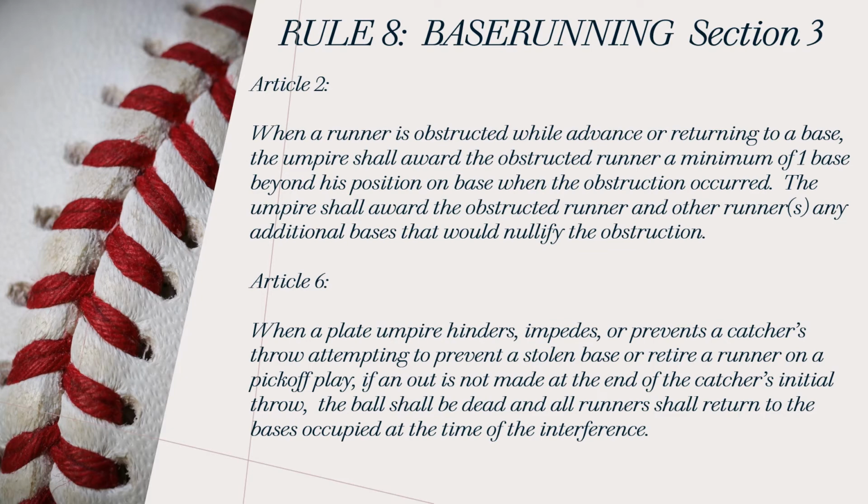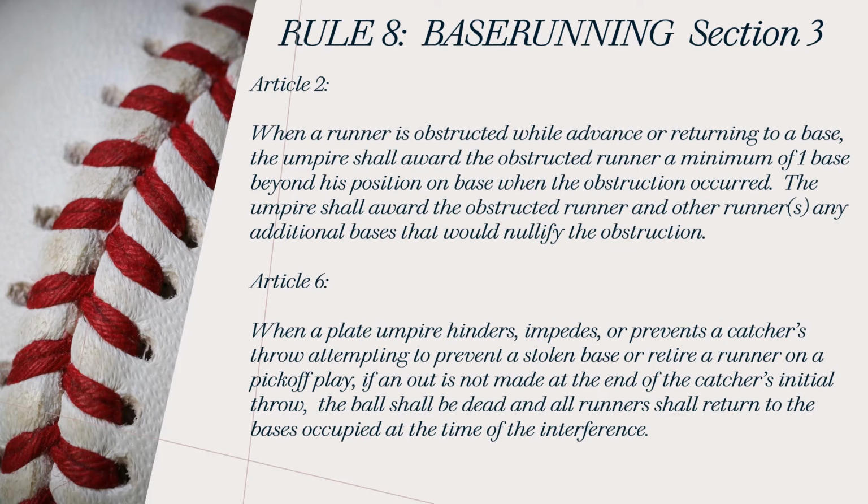Article 6 states, when a plate umpire hinders, impedes, or prevents a catcher's throw attempting to prevent a stolen base or retire a runner on a pickoff play, if an out is not made at the end of the catcher's initial throw, the ball shall be dead and all runners shall return to the base occupied at the time of the interference.